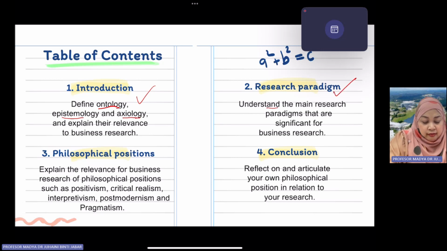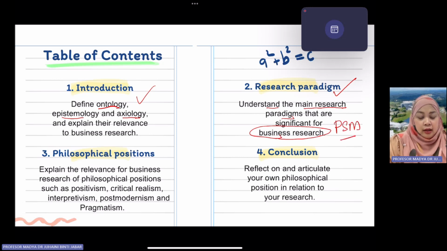We need to understand the main research paradigms and their significance to business research, and most importantly to PSM. There are various research paradigms, but you must bear in mind that you have to choose the ones that are suitable to be conducted for your PSM research.